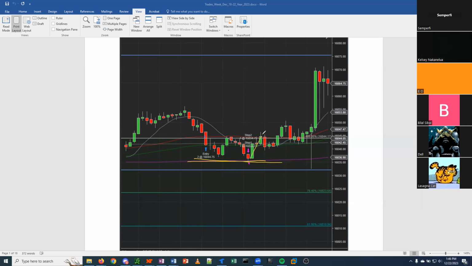Okay. So here's my first leg. Here's your second leg. And then let's not even count this candle because it's open. So you identify the pullback low.